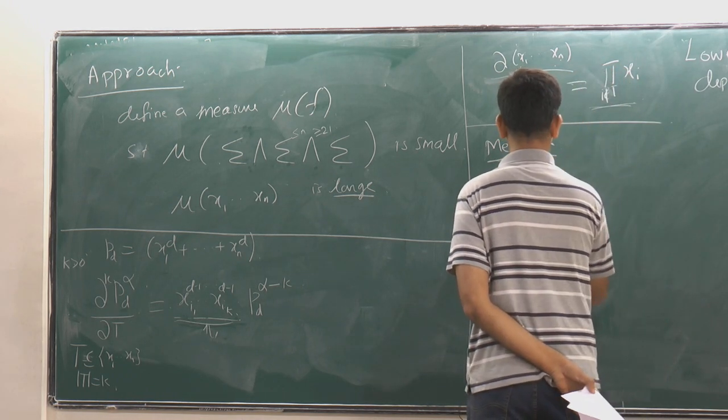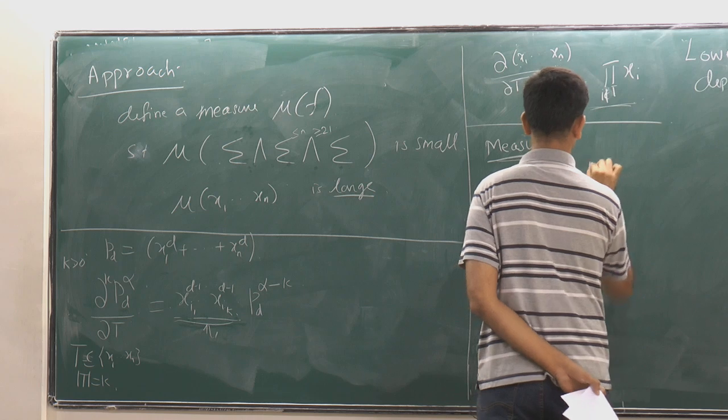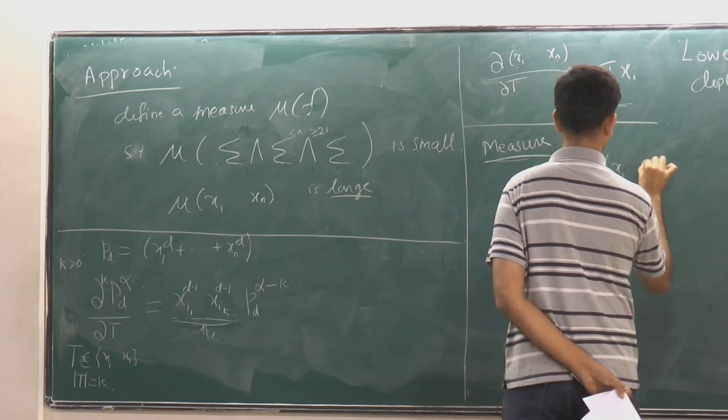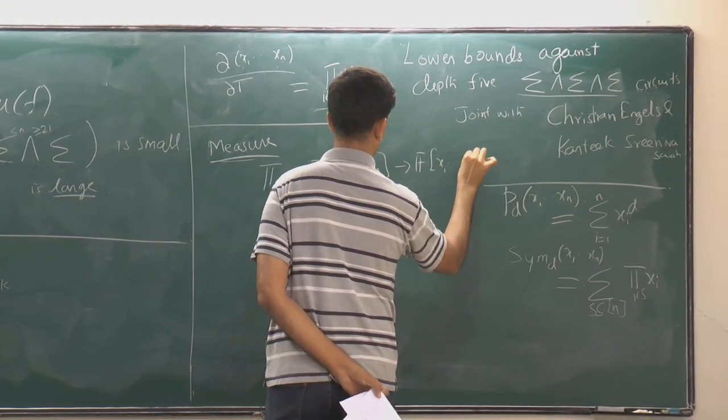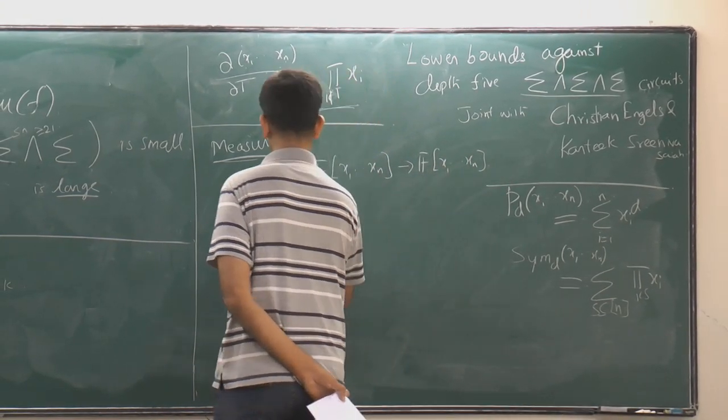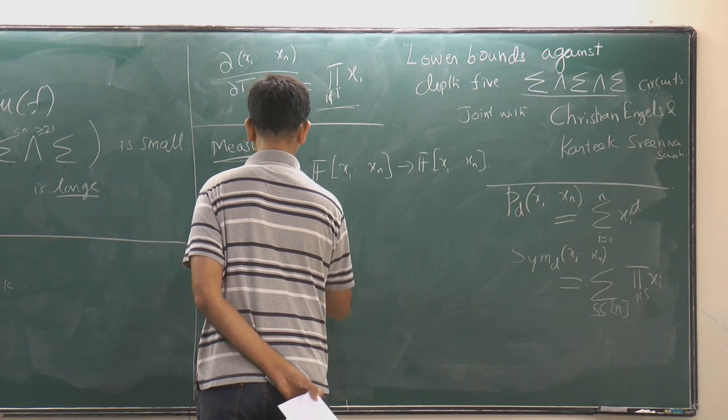So formally, let's say pi_m is a projection of polynomials. This is a multilinear projection.